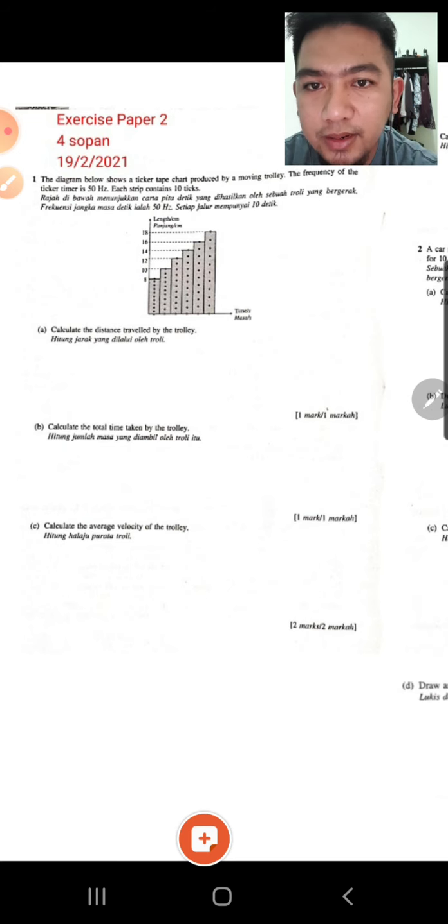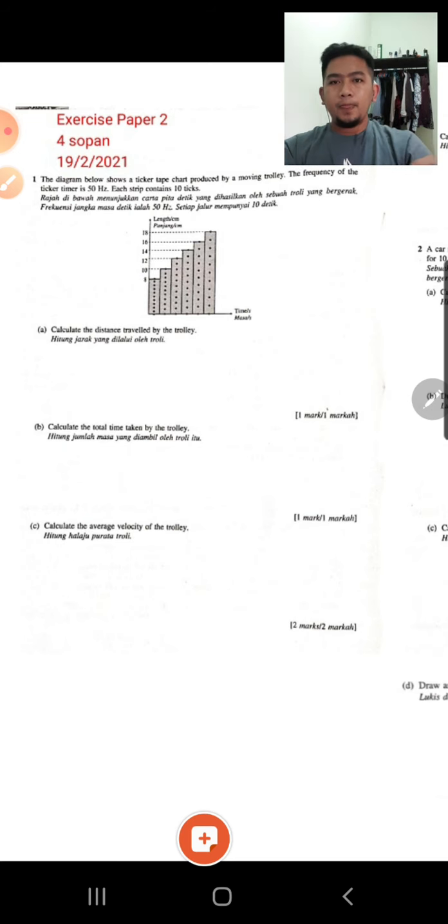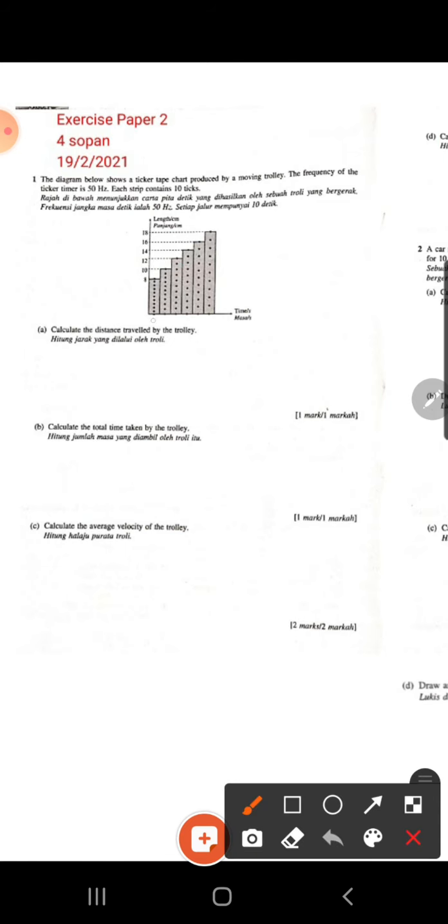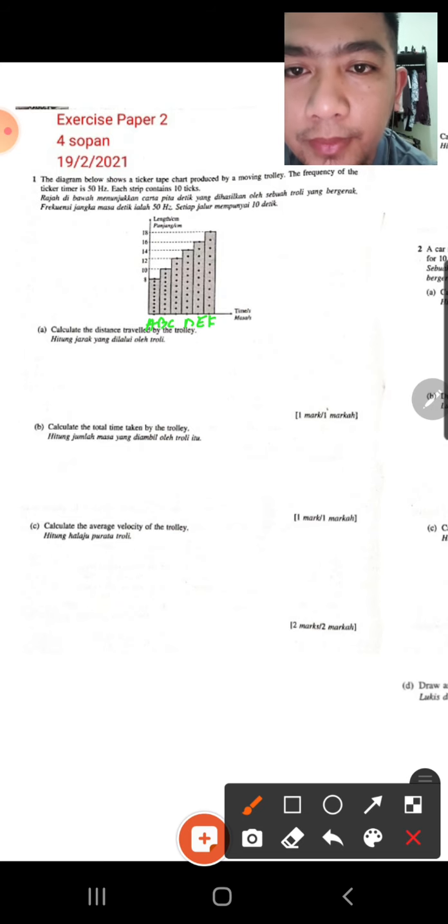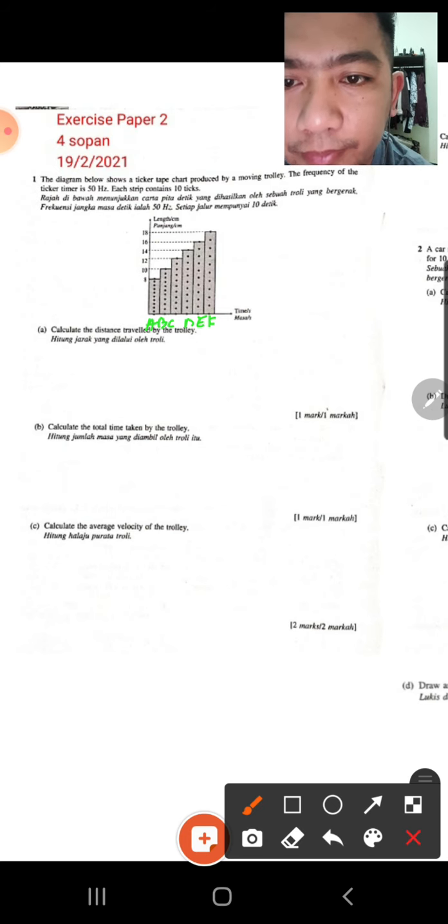Calculate the distance traveled by the trolley. So this is easy, you need to add all the displacement distances. Let's say this is A, this is B, C, D, E, F, there are 6 strips. So you need to add all their lengths.